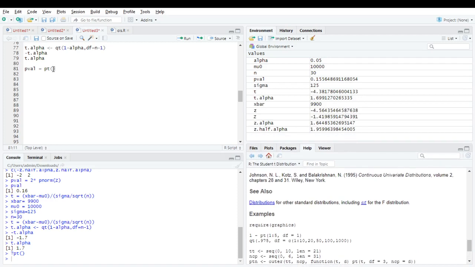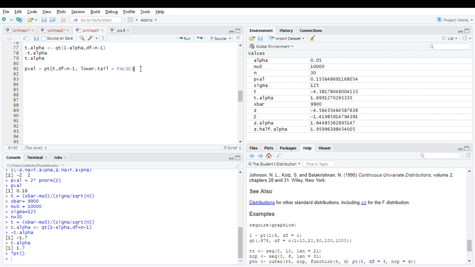Okay, now in this pt, what we have to provide is the test value, which is t here, right? You need to provide the degree of freedom, which is n minus 1. You need to provide another argument: since you're doing upper values, lower tail will be false.